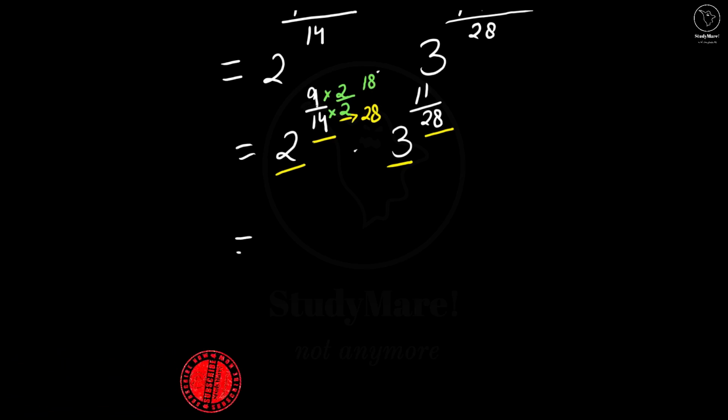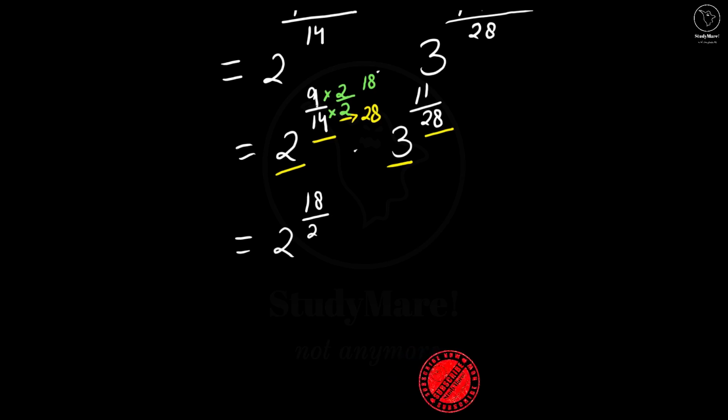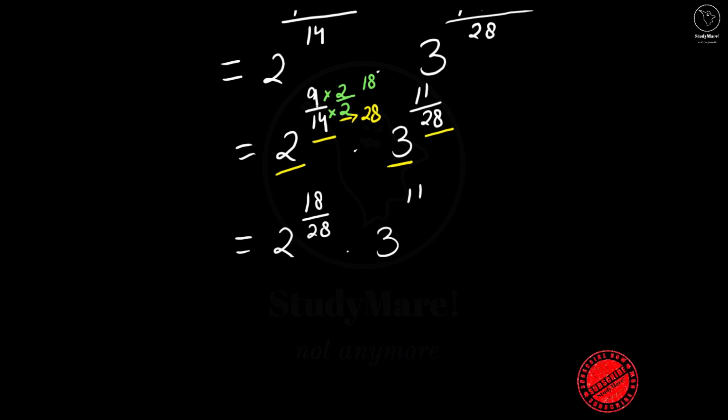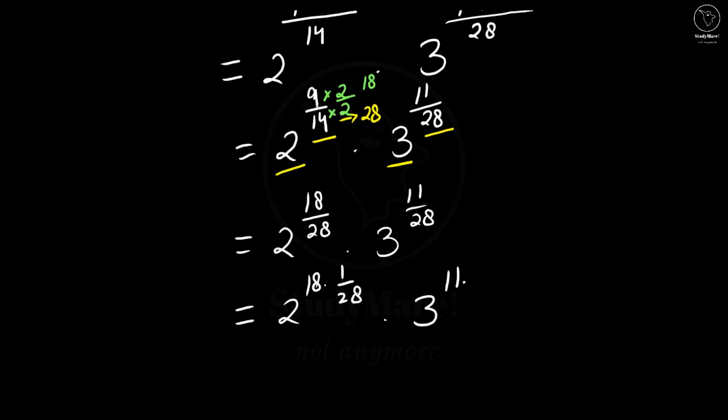So this is equal to 2 to the power, we can write it as 18 upon 28 into 3 to the power 11 upon 28. This could be written as 2 to the power 18 into 1 by 28 multiplied by 3 to the power 11 into 1 upon 28.